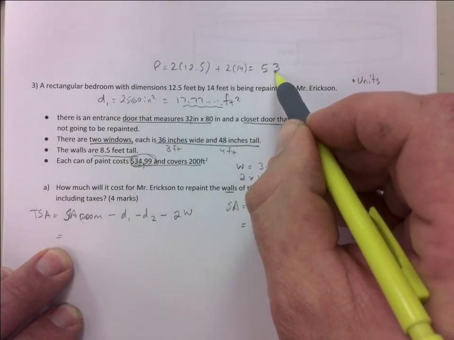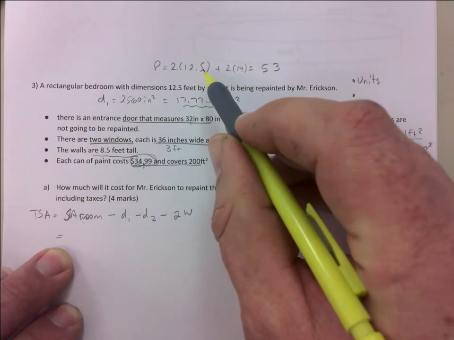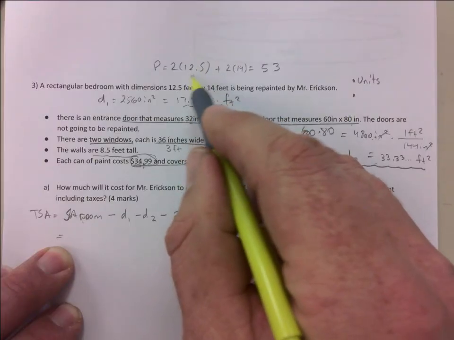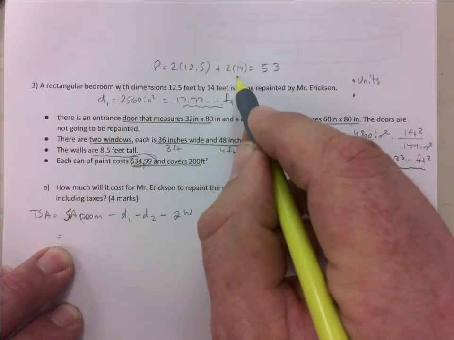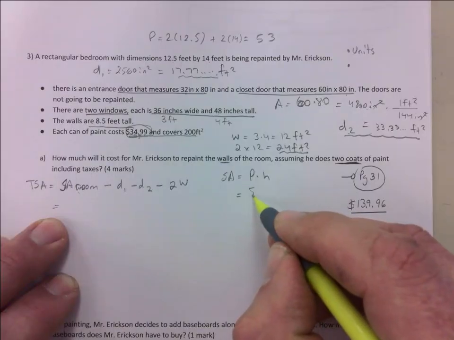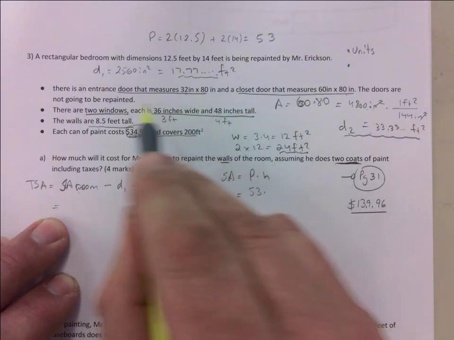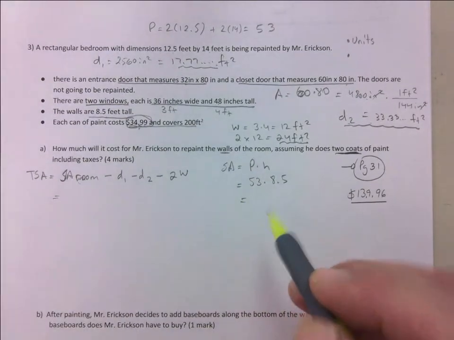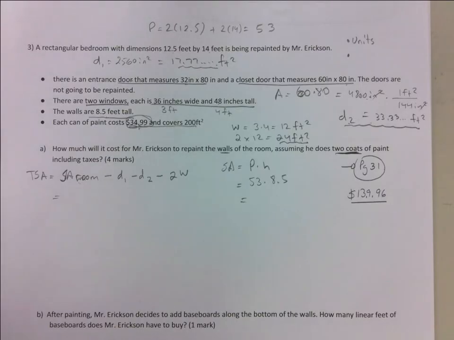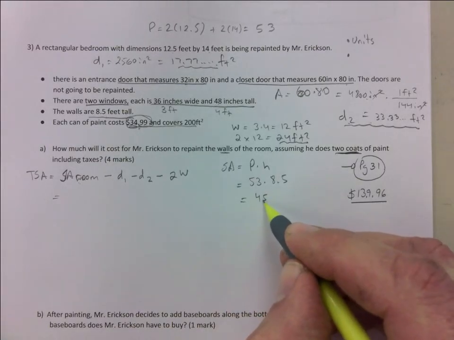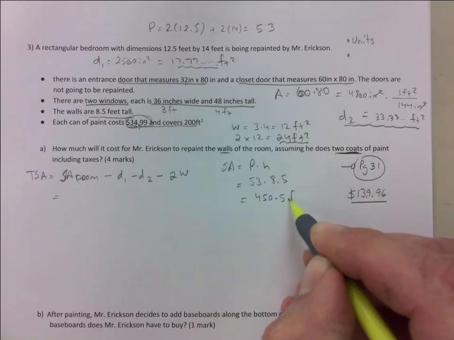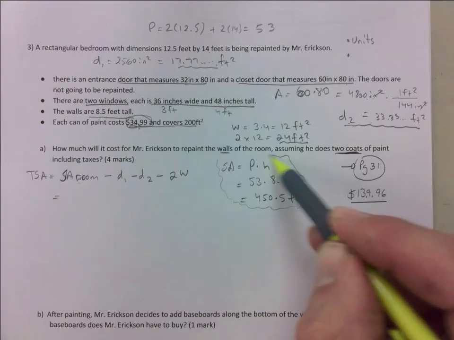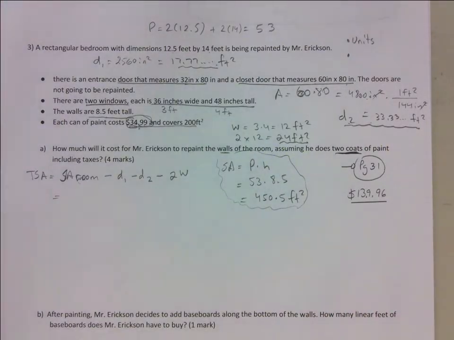Did anybody do this? 53, right? 25 and this is 25, that is 28, yeah, 53. So 53 times the height of the room, which is 8.5. That is 450, no matter how you did it. This is the surface area of the room itself, just the walls, by the way.